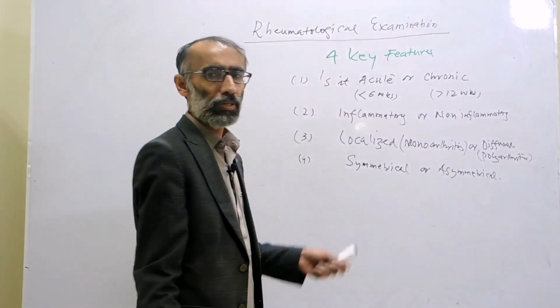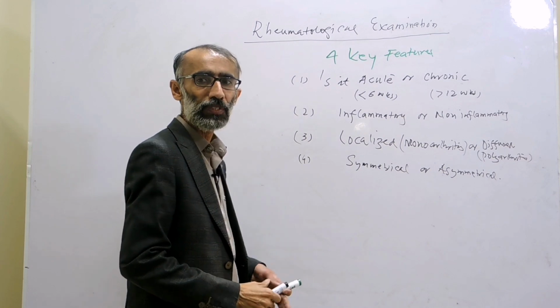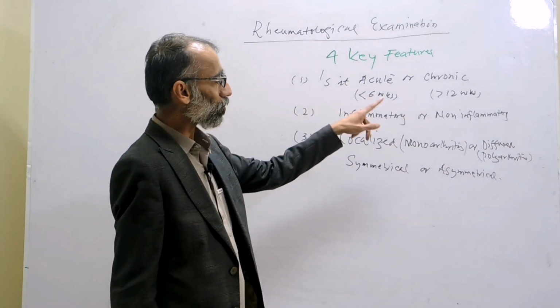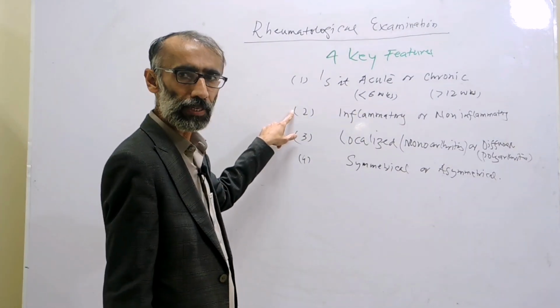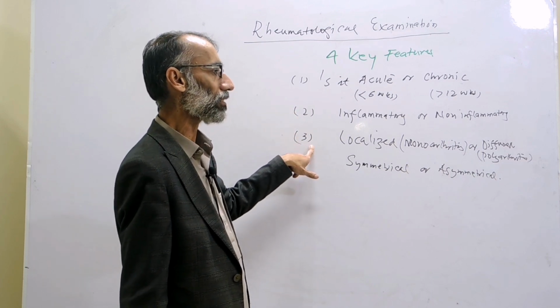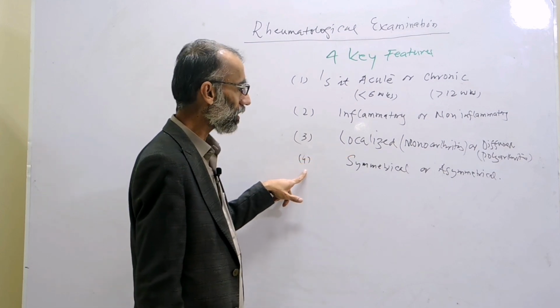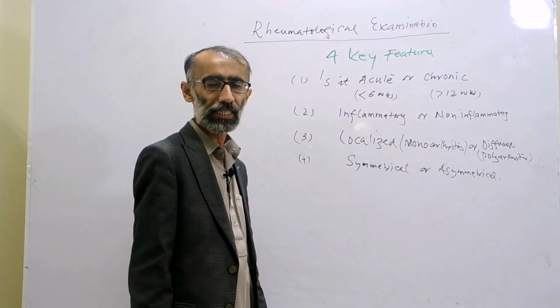For rheumatological examination, you must address these 4 key features. Is it acute or chronic? Is it inflammatory or non-inflammatory? Is it localized monoarthritis or diffuse polyarthritis? Is it symmetrical or asymmetrical?